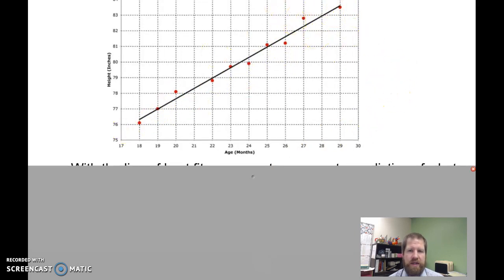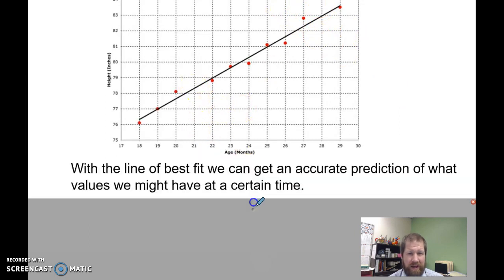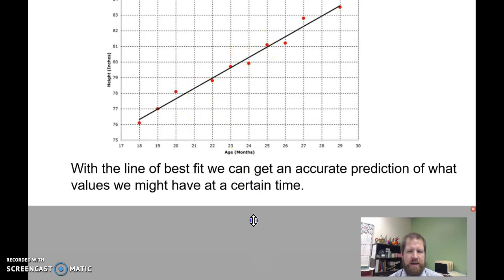So it's pretty easy to see that, even without the trend line, we're probably going to be somewhere in here, right? For our 21 months, we're probably going to be something like 78.5 or 78 1/3 inches at 21 months, and we're probably going to be up here at about 83 inches for 28 months.